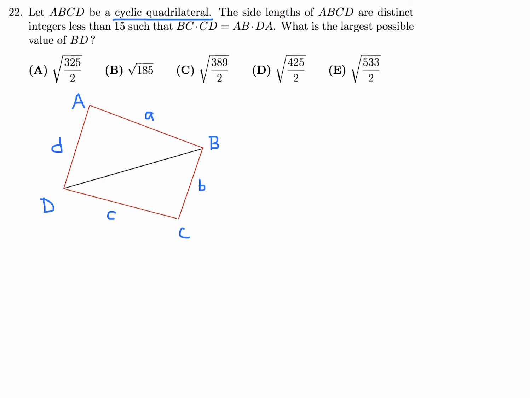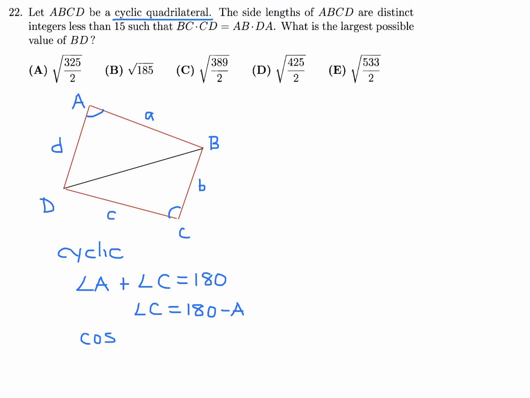And what cyclic means is that if you have an angle, this angle right here, angle A, and you add it to the opposite angle, which is angle C, it equals 180. So that comes in handy because that means angle C is 180 minus A. The way it comes in handy usually is when you take a trigonometric function such as cos, and you take the cos of, say, C. You can write that as the cos of 180 minus A, since they are equal.